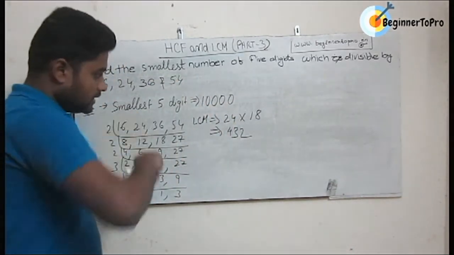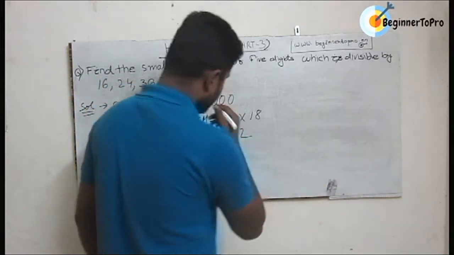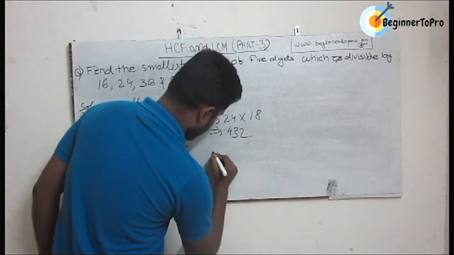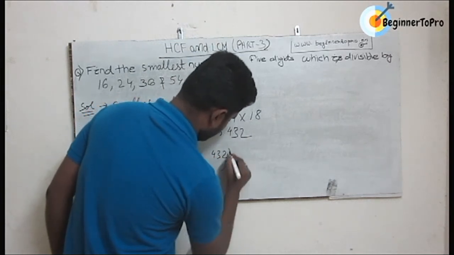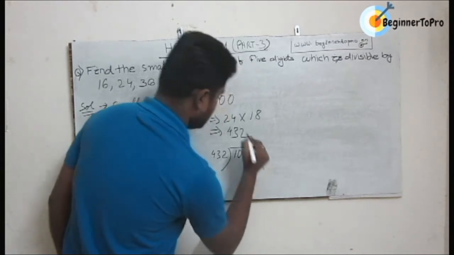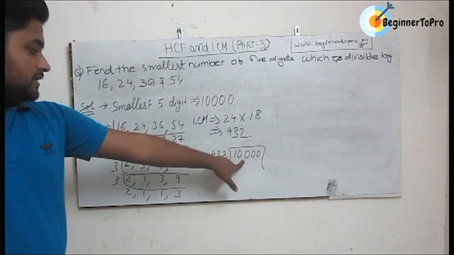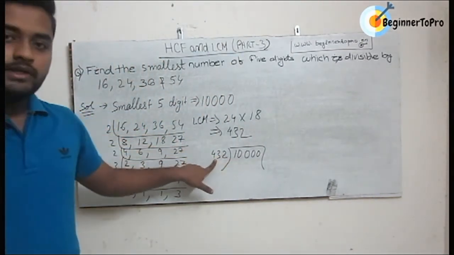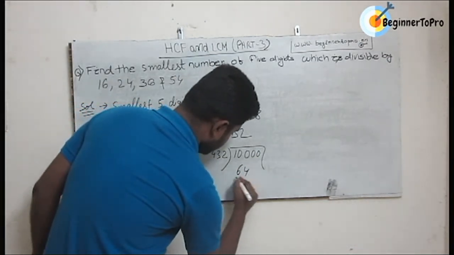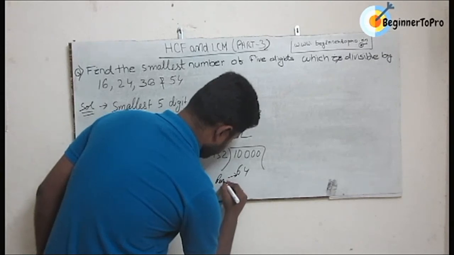But from here we will do division. We will divide 10,000 by 432. So when 10,000 is divided by 432, what will be the remainder? The remainder will be 64.